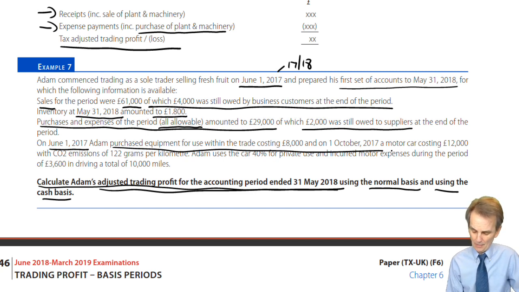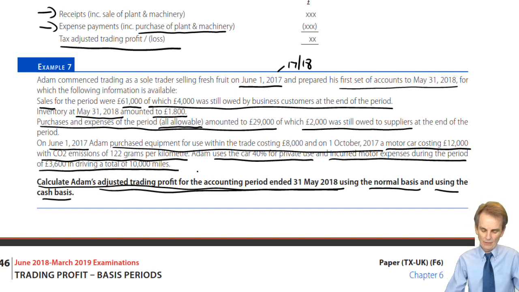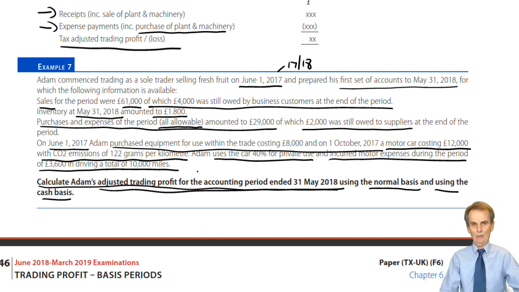But also, of course, to make life more interesting, a car costing £12,000 with CO2 emissions of 122 grams per kilometre. Adam uses the car 40% for private use, so only 60% business use, and incurred motor expenses during the period of £3,600 in driving a total of 10,000 miles. Now, of course, we don't need all of that information to be able to deal with the cash basis.